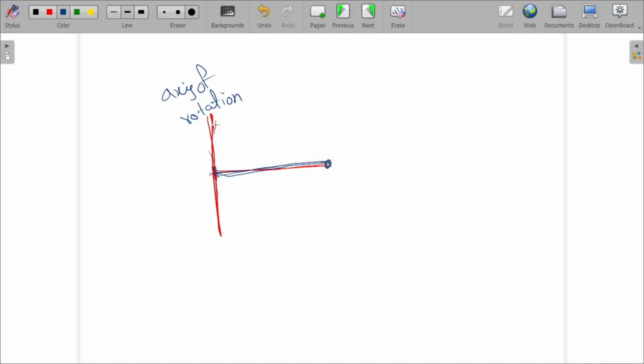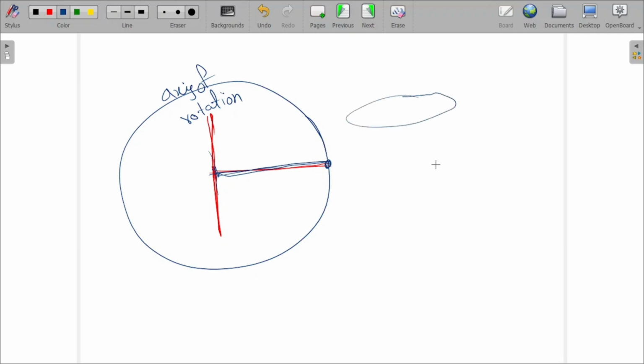From this fixed end it is going to rotate, so this point will be called the axis of rotation. It might be horizontal, it might be vertical, anyway. So this will be the axis of rotation. Now I applied a force in this direction.